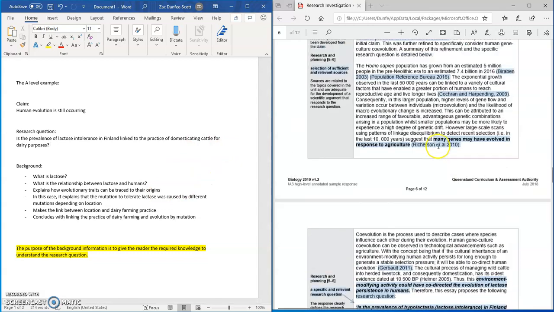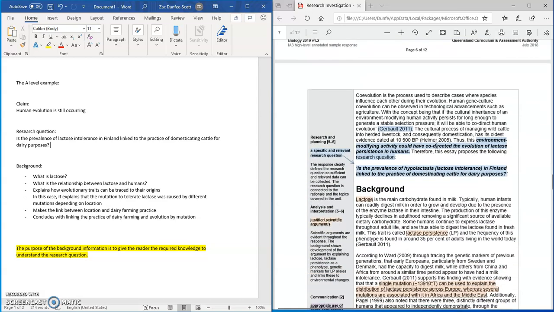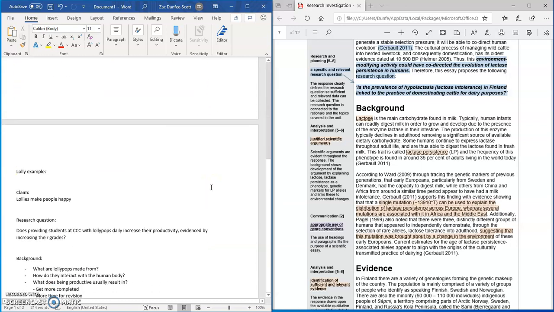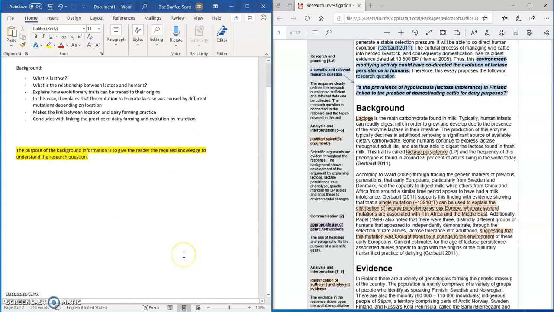One, we're going to go through the A-level standard example report that is up on OneNote for you guys to look at and break it down. And also we're going to look at one ourselves with that same lollipop example that I talked about when we did the video explaining how to get to the research question.